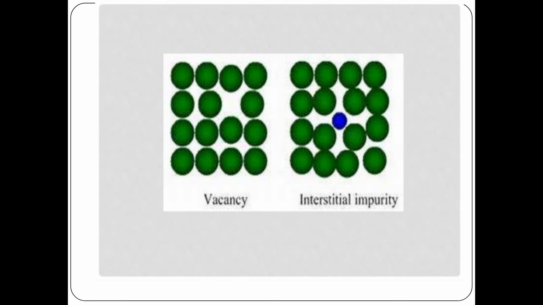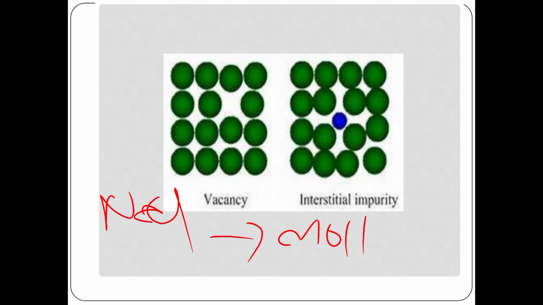If you see the image, you will get an idea. If we heat solid NaCl it becomes molten, or if we dissolve it in water. If there is a trace amount of strontium chloride, the strontium will occupy the space. Here you can see the blue image, occupying the space of the sodium cation, which creates an impurity.